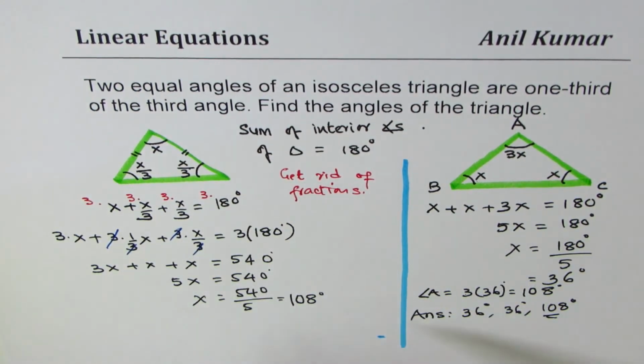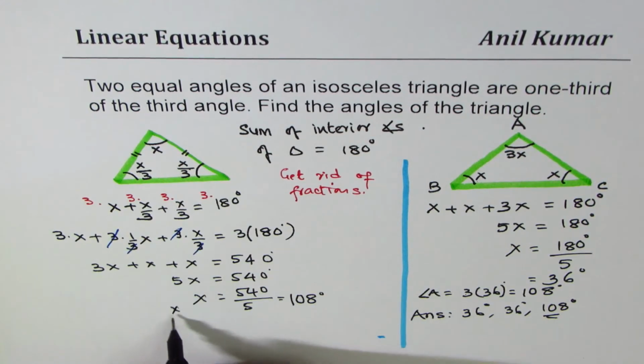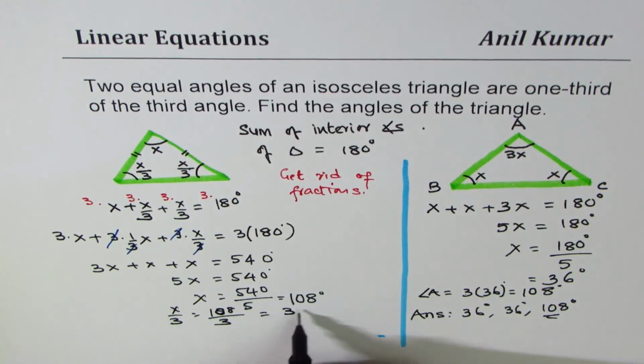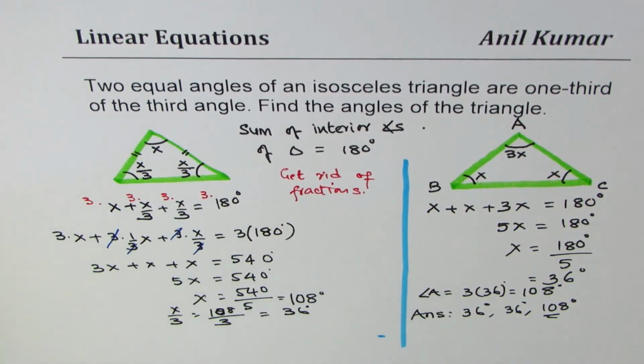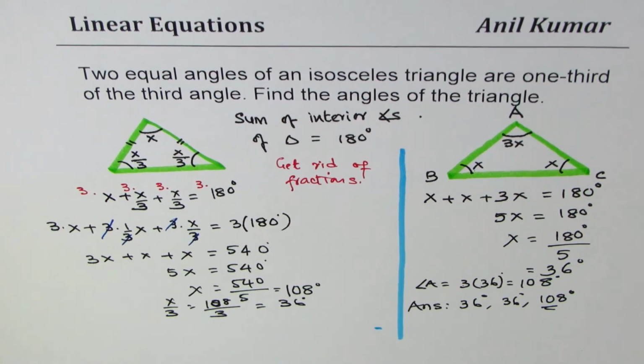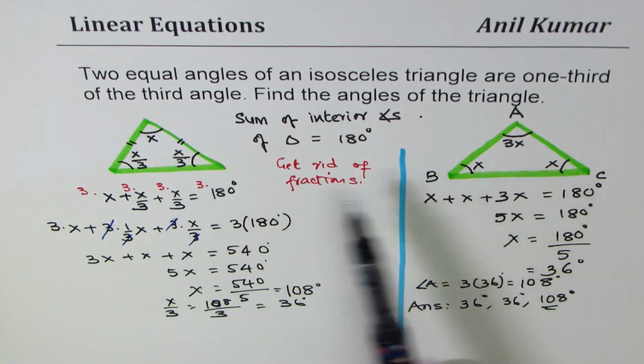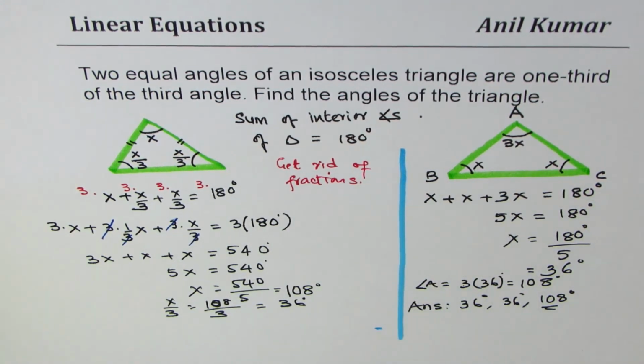And what is the other angle? x over 3 is 108 divided by 3, which is 36 degrees, right? You do get the same answer, perfect. But these calculations are much simpler. So at times, if you could think while making your figure, then you can simplify the calculations.